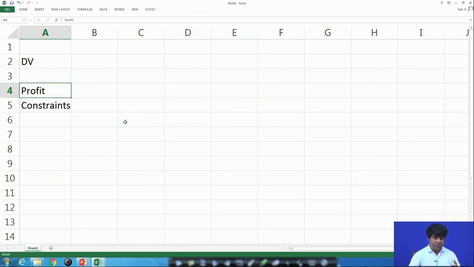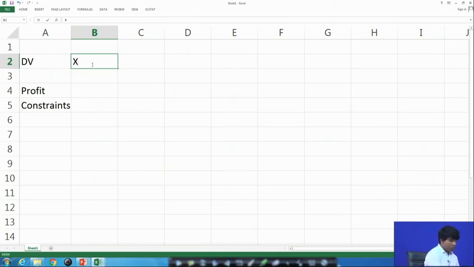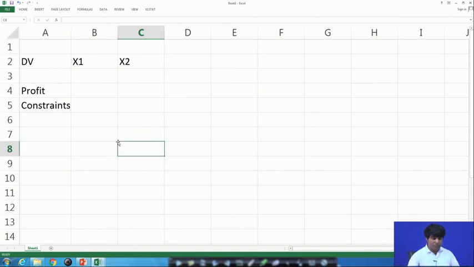Assuming that it is a requirement of positive values of the decision variables. So, this problem is with respect to the two variable case, that is the bivariate case. So, we will put x 1 here and we will put x 2 here.